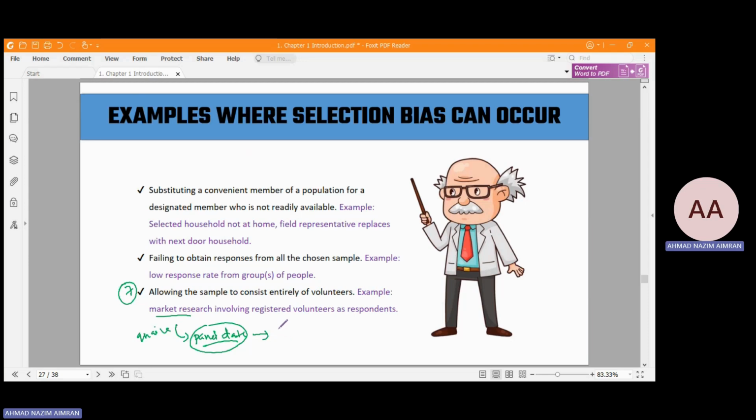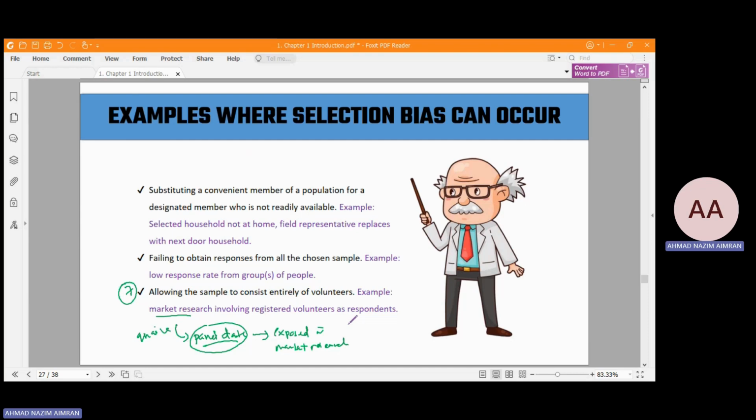We can say that these are people who are exposed to market research or to the company, and those who don't have the exposure will not become part of the panel data. So the statistics that we are going to produce also tend to be biased.